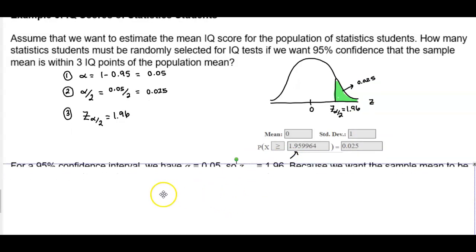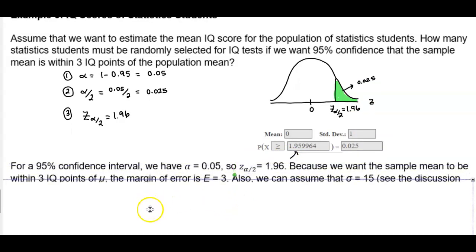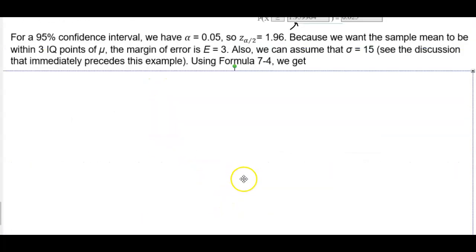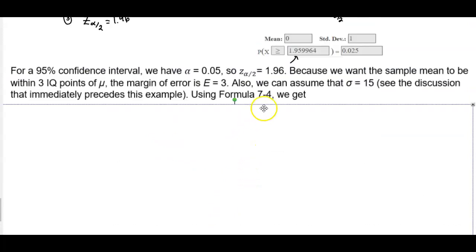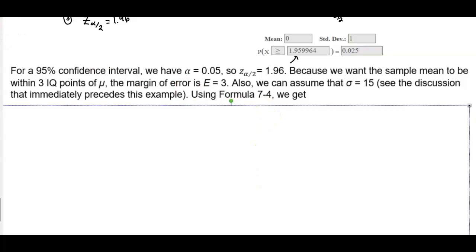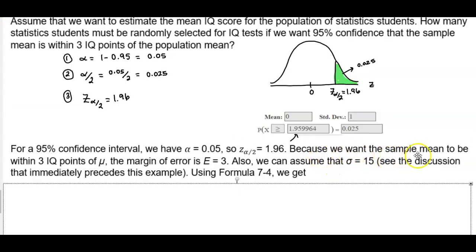Okay. So now, for the 95% confidence interval, again, we have alpha equals 0.05, and so the critical value that we found is 1.96. Now, because we want the sample mean to be within 3 IQ points of the population mean, that tells us that the margin of error is E, which is equal to 3.